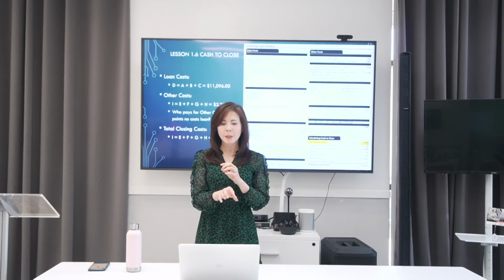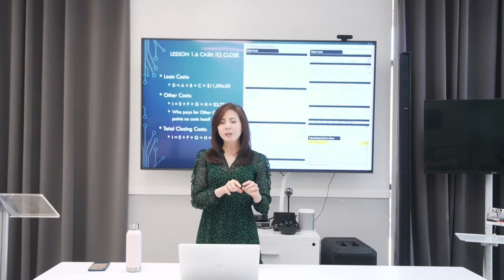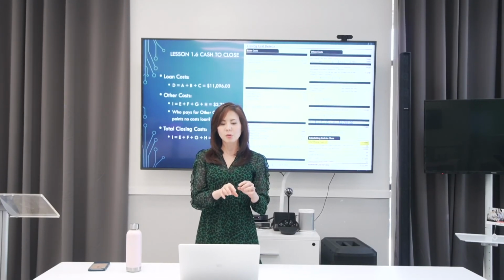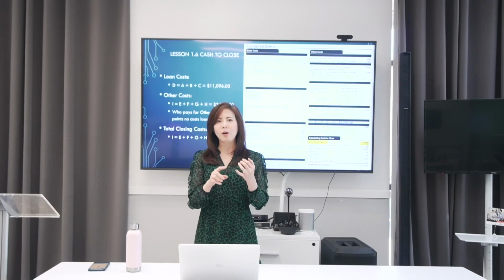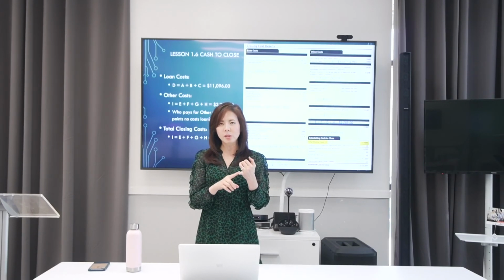That's the estimated closing cost. And right underneath, we have estimated cash to close. And the estimated cash to close, $123,260, is the total closing cost plus the down payment, minus the seller credits.